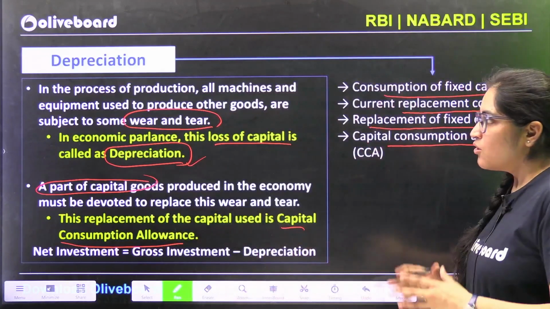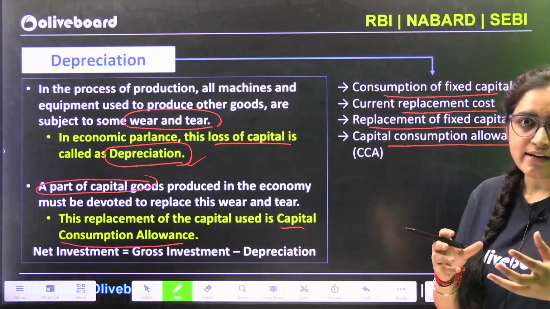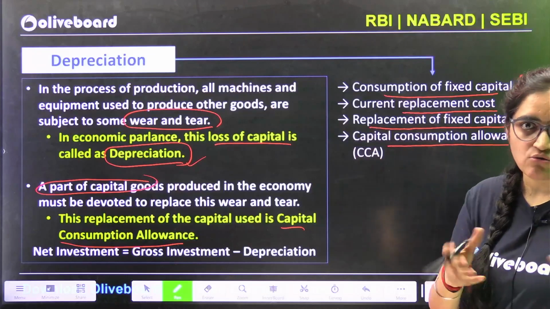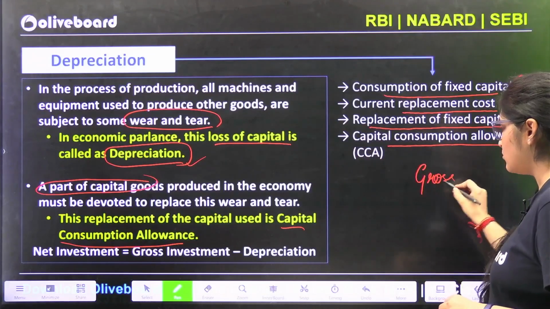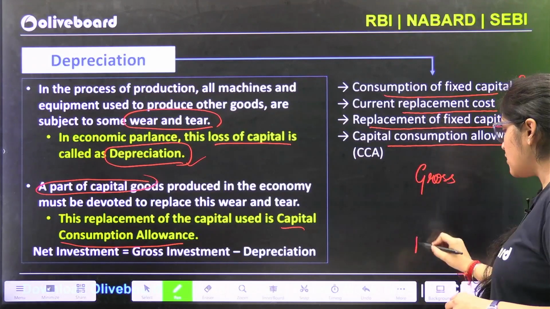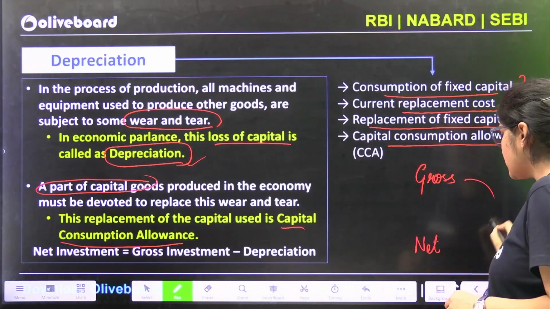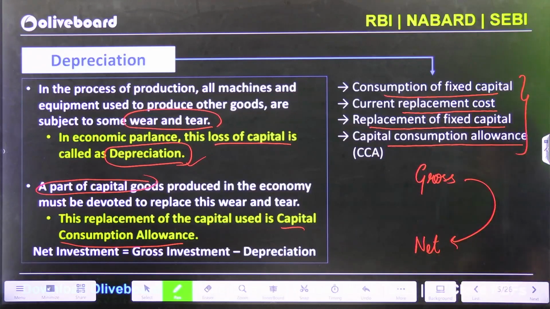Nevertheless, what is this gross and net, and what is this depreciation related to? Gross is the total amount. Because of depreciation, what we receive is the net amount. That means when I subtract depreciation from gross, I reach net.